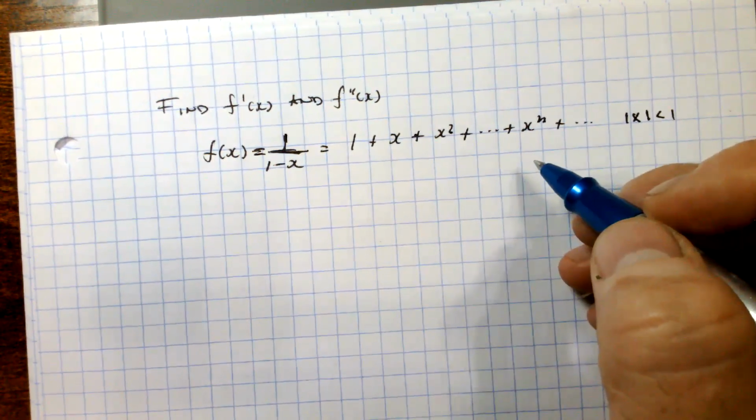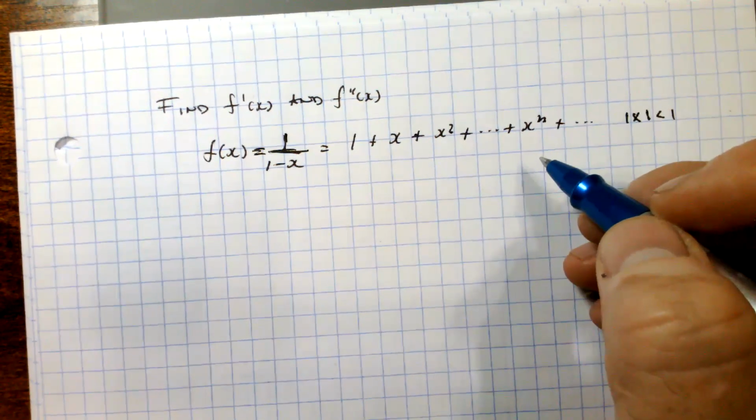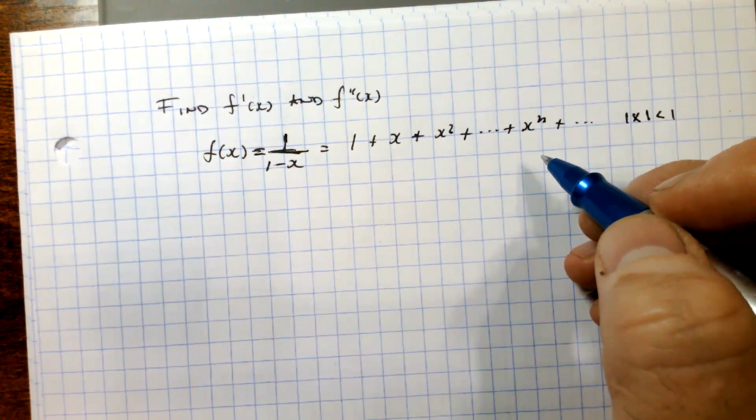Okay, and so to compute then the f prime and f double prime, we know that as long as the series is convergent, we have the theorem that says the series can be differentiated or integrated on the interval of its convergence.